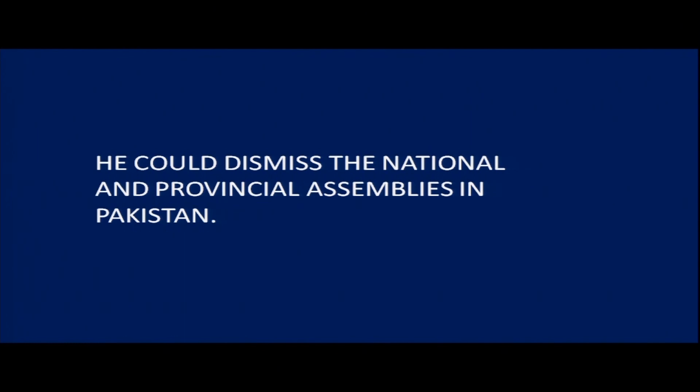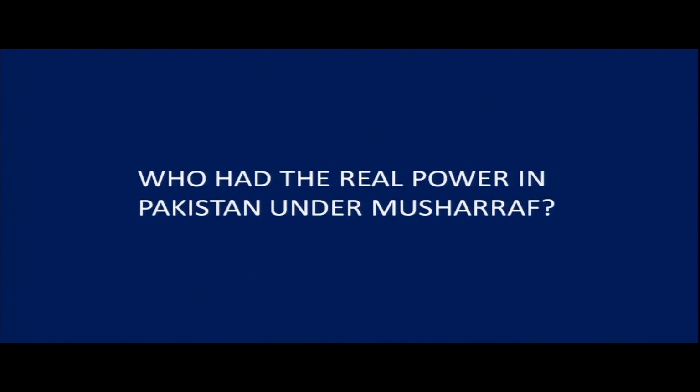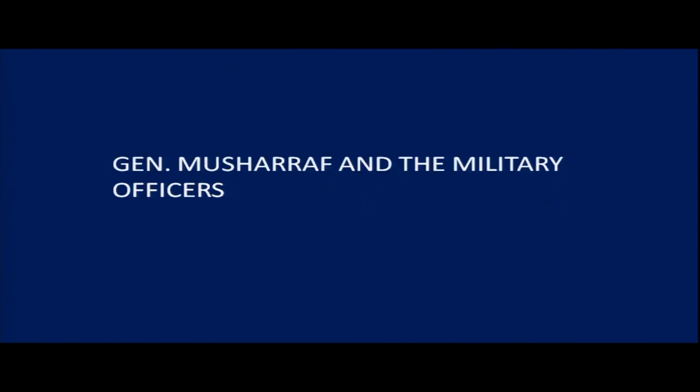It gave him the power to dismiss the national and provincial assemblies in Pakistan. Who had the real power in Pakistan under Musharraf? It was definitely not the people. General Musharraf and the military officers enjoyed the sole decision-making powers.